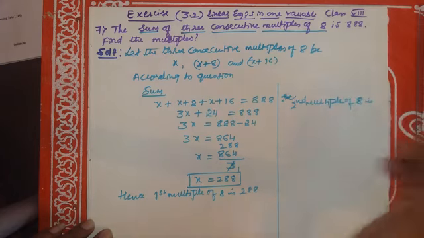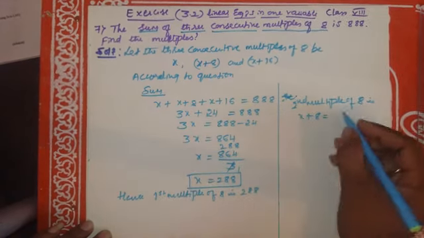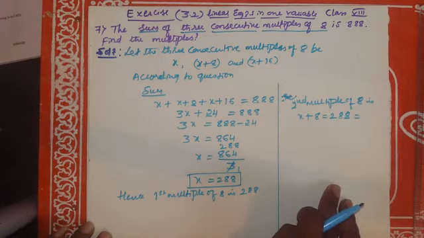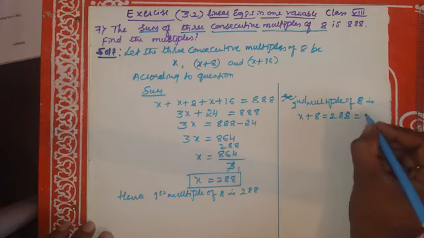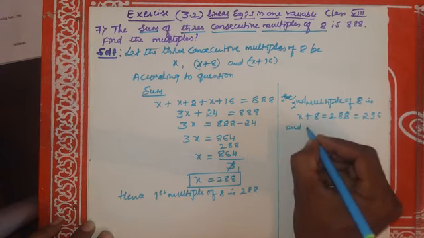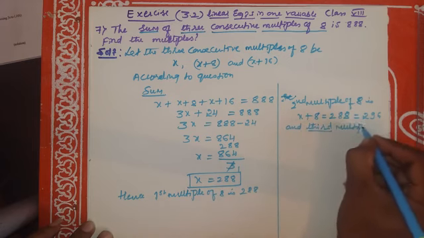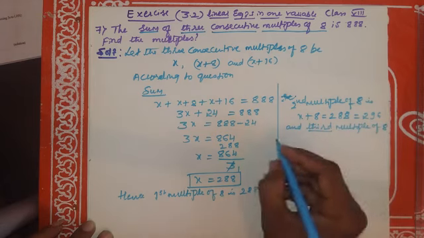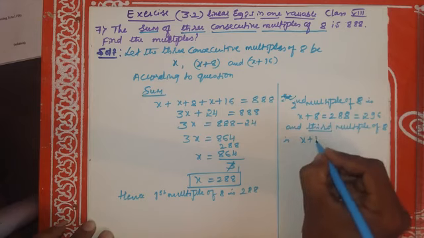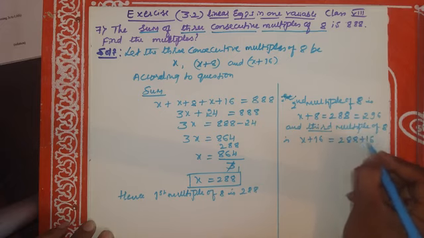What is the second multiple of 8? x plus 8. x plus 8 is equal to, x value is 288, and we should add 8 for this. If we add, we will get 296. Okay, and the third multiple of 8 is x plus 16. x plus 16 is equal to 288 plus 16.